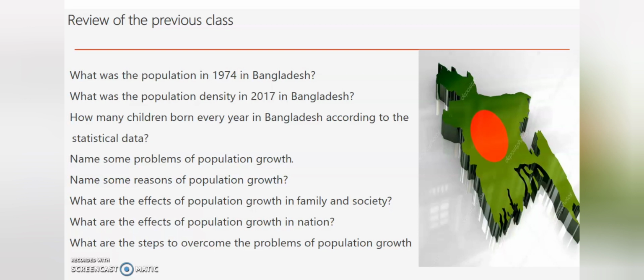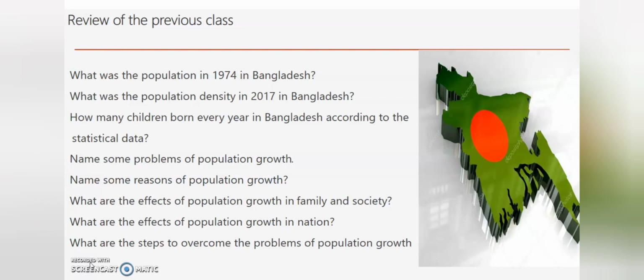Okay, my dear students, can you tell me some problems of population growth? Yes, you have got the correct answer. Some problems of population growth are child marriage, polygamy, religious superstitions, and irregular use of birth control.